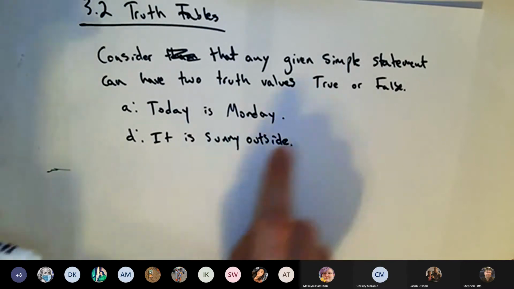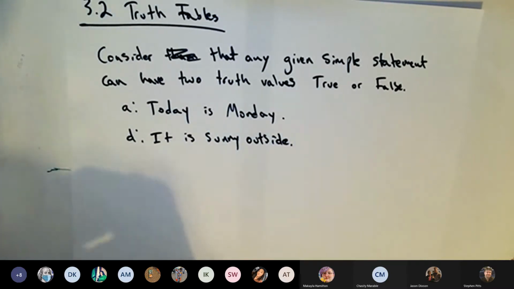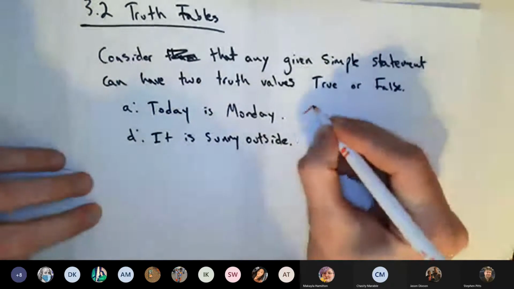Okay, so each of these has two possibilities, true or false.